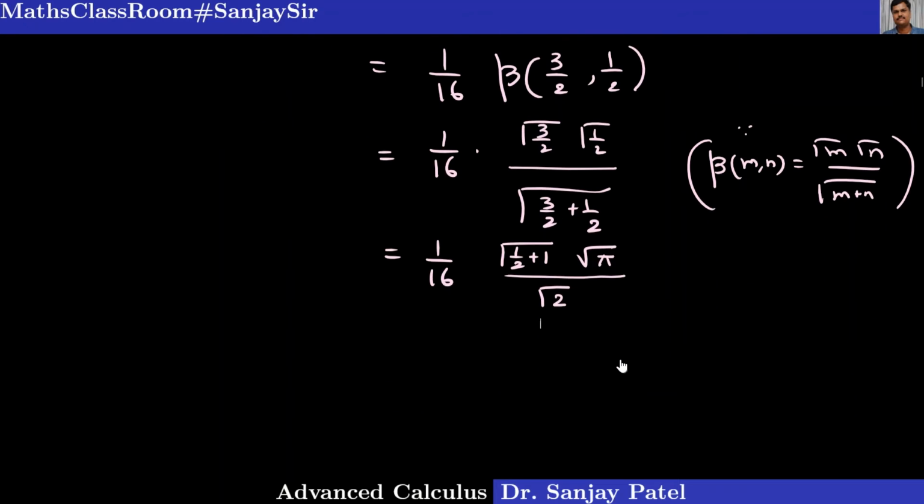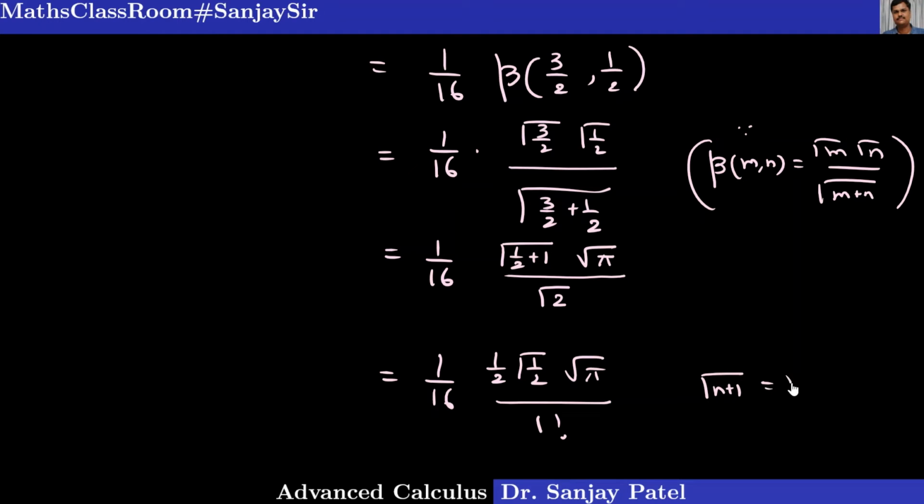Now we can find all these values very easily. For the first gamma value, I can write gamma of n plus 1 as n gamma n. So it is 1 by 2 gamma 1 by 2 into root pi, and this gamma 2 is 1 factorial, because 2 is an integer. I am using this result, gamma n plus 1 is equal to n into gamma n.